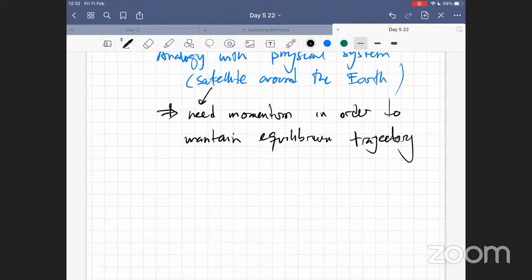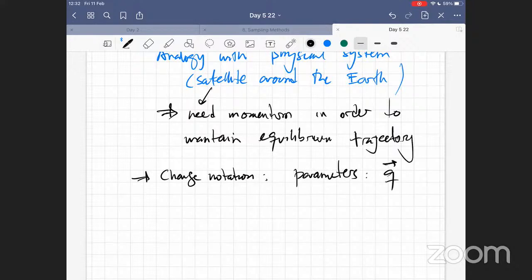So now let me change notation. Now my parameters are going to be given by a vector Q. The idea is to augment the parameter space, going from Q to a pair of Q and associated momenta.